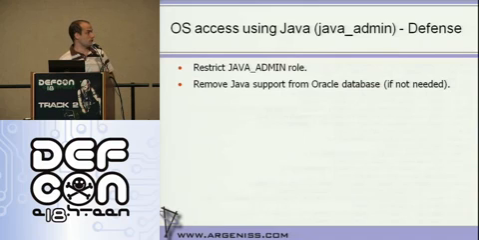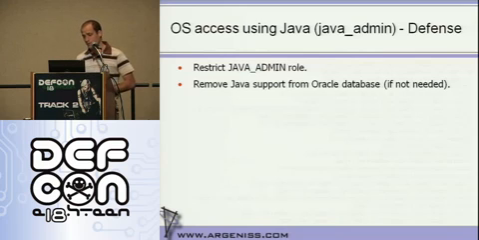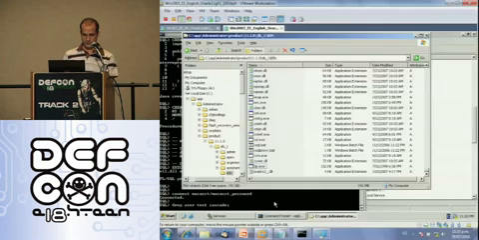Well, the way to defend from this attack is to restrict the Java admin role, that is the role that is needed to grant the Java permissions needed to access operating system resources, or to remove the Java support from Oracle database if we don't need it. Let's see.